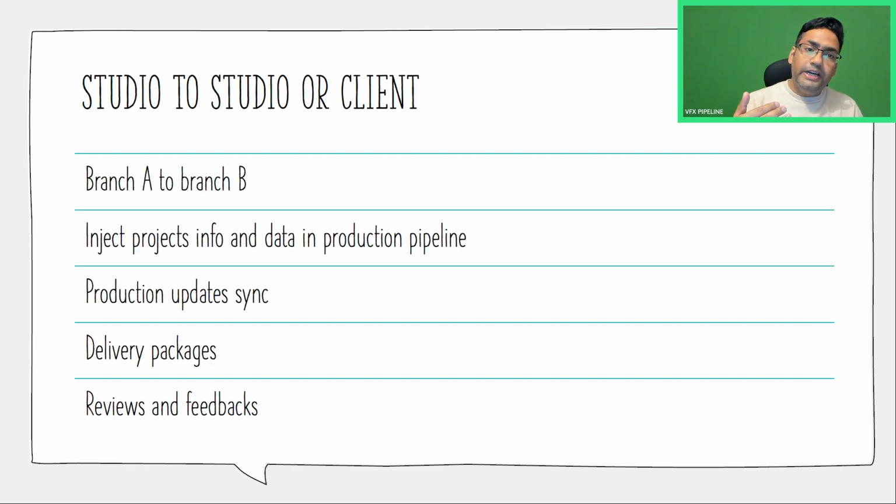Then production update sync is also an important part, because whether it's your client or another studio, that information and data must be synced on both sides. So we can set some rules, set some goals, and put some scripts, make some plugins and tools that will run once a day or maybe every hour to sync some information.